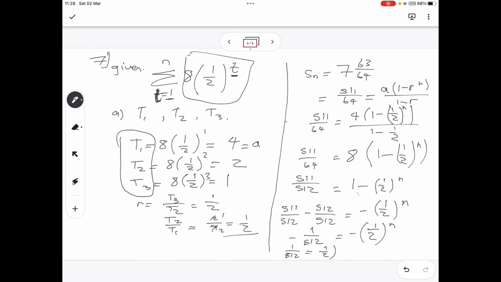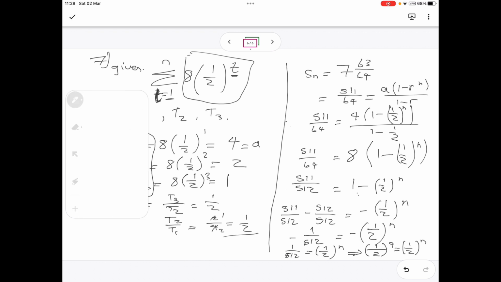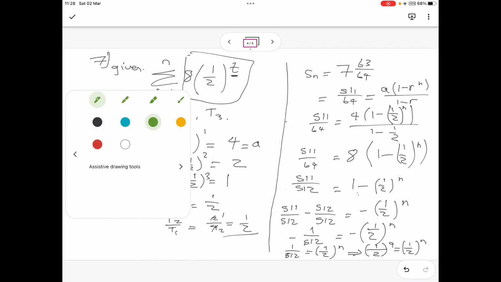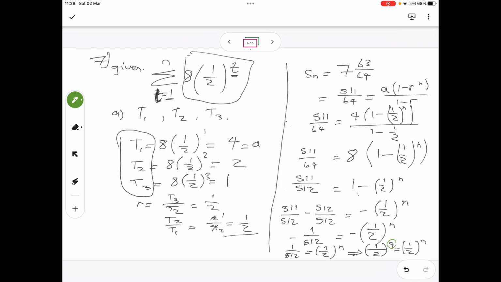Yes. So I'm just left with 1 over 512 equals a half to the power n. And this tells me that 1 over 2 to the power 9 equals 1 over 2 to the power n.